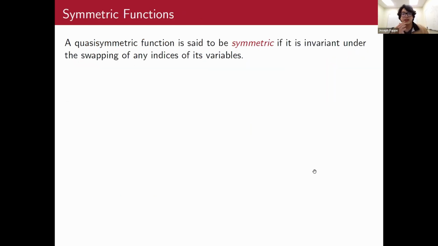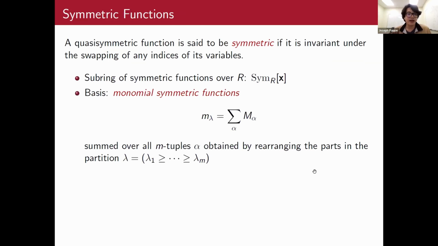We'll say that a quasisymmetric function is symmetric if it's invariant under swapping the indices of its variables. This forms a subring, which we're going to denote Sym R. And moreover, it has a natural basis called the monomial symmetric functions, which are indexed by partitions, which are non-increasing sequences of positive integers.